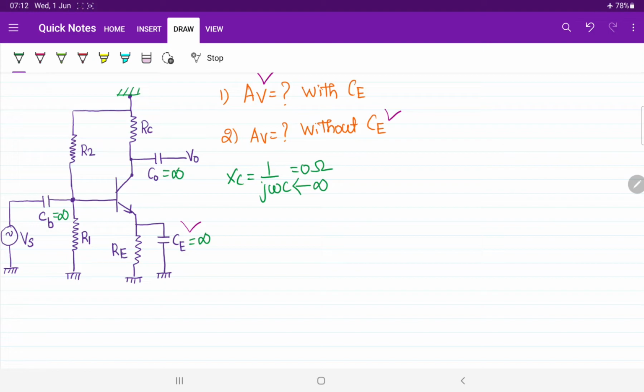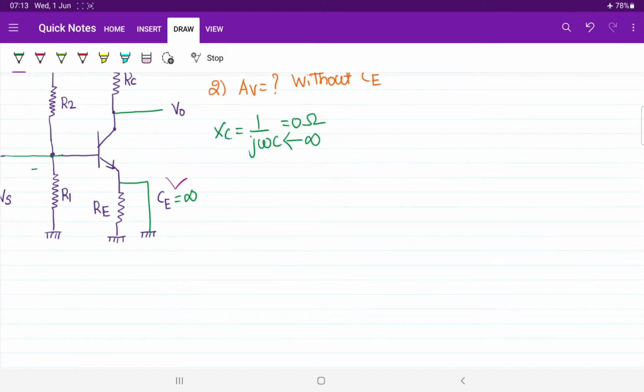Reactance 0 means it behaves as a short circuit. So we can remove all the capacitors by short circuit. Here I am shorting the capacitor, here also I am short circuiting the capacitor, and of course at the input port also we have to short circuit the capacitor. That's all. That is how we do AC analysis.